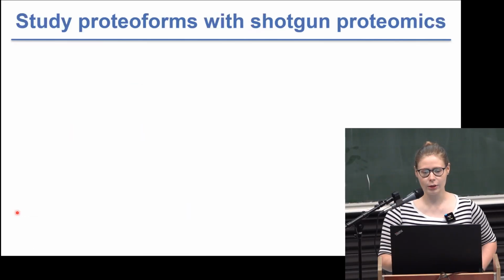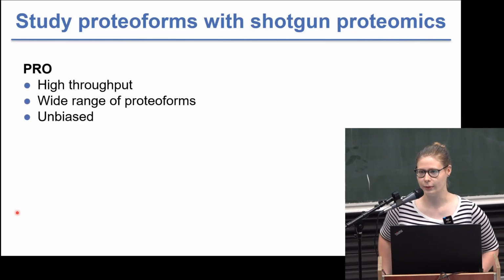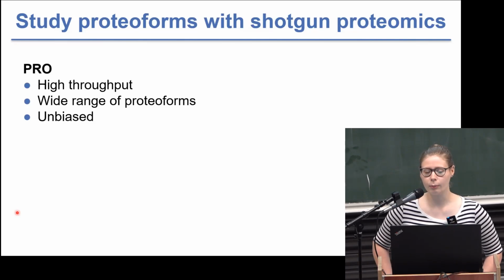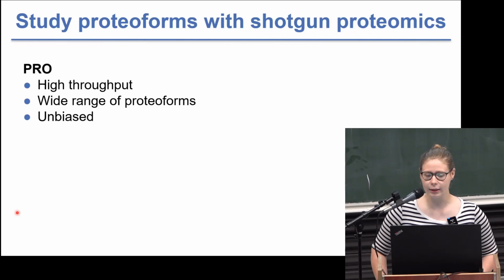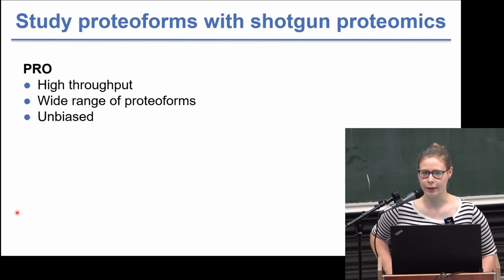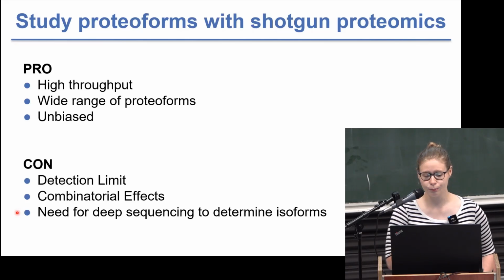So can we study proteoforms with shotgun proteomics? I mean, you've seen this with PTMs. In theory it is possible, as it's a high throughput technique, and you can detect a wide range of proteoforms, so everything from PTMs, and now I will tell you a little bit about isoforms, in an unbiased way.